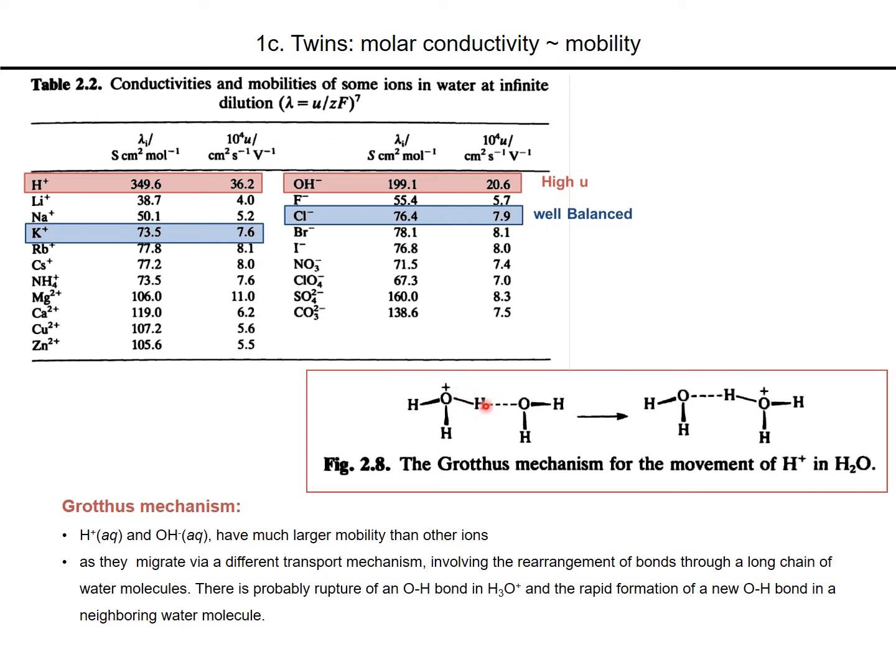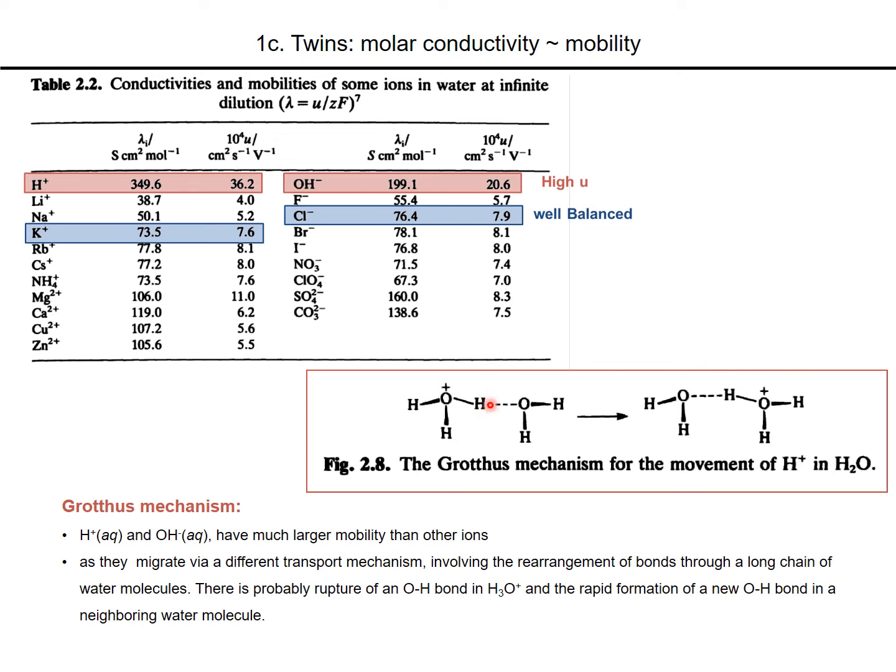And then this proton also has some interaction with the second molecule of water. Then the second bond between oxygen and hydrogen is stronger, as the first OH bond is weaker.